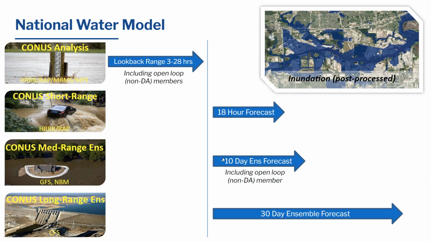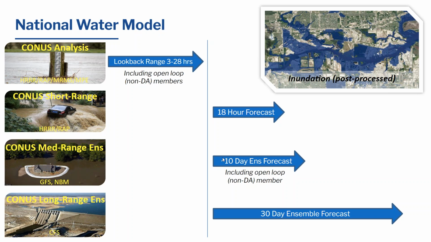So we actually have 2 medium range runs running simultaneously, one based off of the GFS and one based off of the National Blend of Models. I'm sure you can guess which one is performing better most of the time. However, the GFS is the one that's going to be publicly available starting off right out of the gate. I want to make sure I caveat that, but that will change in the near future.